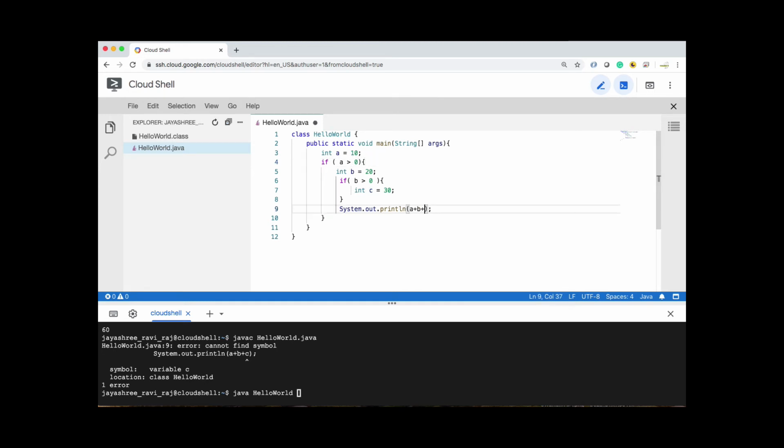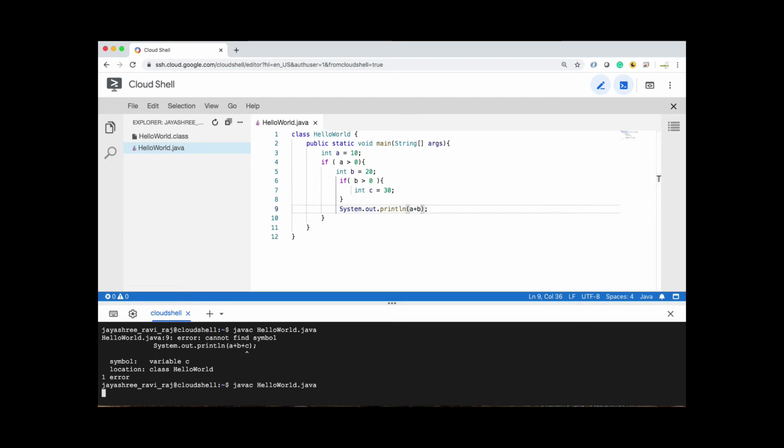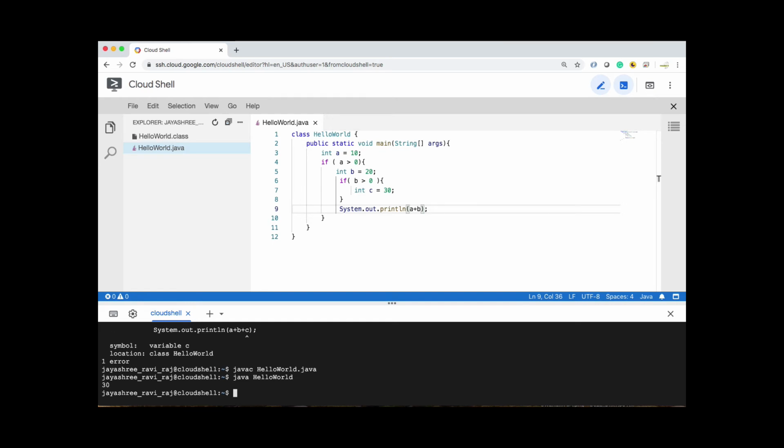So if you now get rid of C and then try to run this, it is happy. And now if I move this outside of this block and all the way to the method's block of code, so the method starts here, ends here, and now I move this system.out.println as part of the outer block, which is the method block.